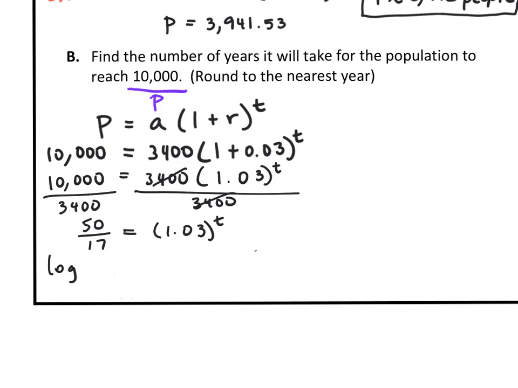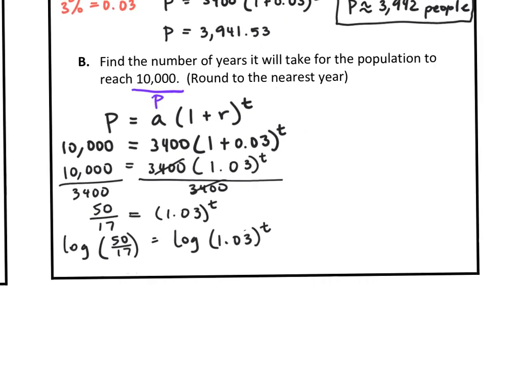Log of 50 over 17 equals log of 1.03 to the power of T. And the log is going to allow us to move the T to the front.